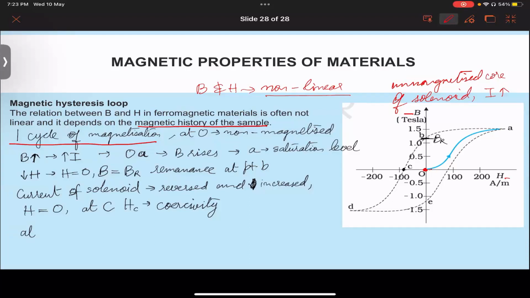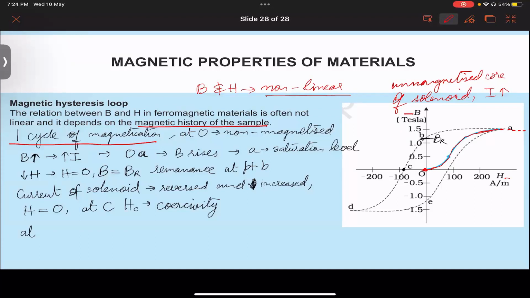You can see this blue line, so it follows this path. It will reach a value where it saturates. After this, even if you increase H, it will continue to stay at this value only. So this is from O to A, where your magnetic field keeps rising and then saturates.